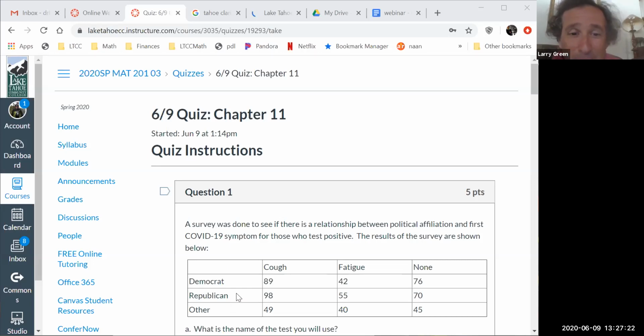There may be a relationship between symptoms and political affiliation. If you were to guess, do you think there's a relationship? I would say probably not. And so you shouldn't be too surprised at the p-value when we get there.